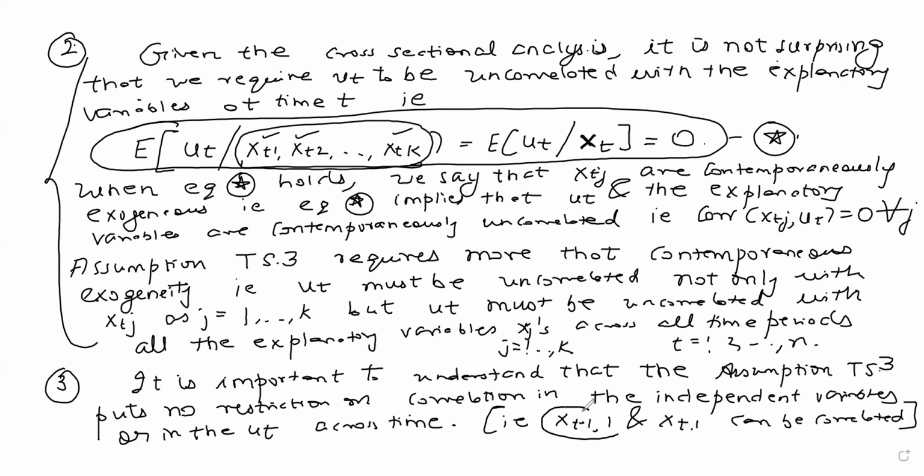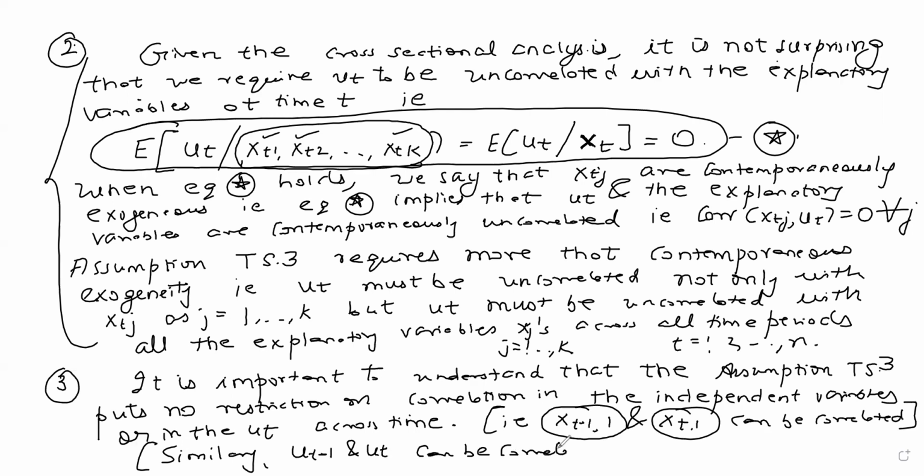What is xt minus 1,1? It's the value taken by the independent variable x1 at time period t minus 1, and xt1 is the value taken by the independent variable x1 at time period t. These can be correlated. Similarly, in the bracket I can write, ut minus 1 and ut can be correlated.